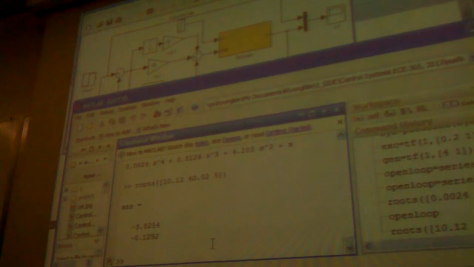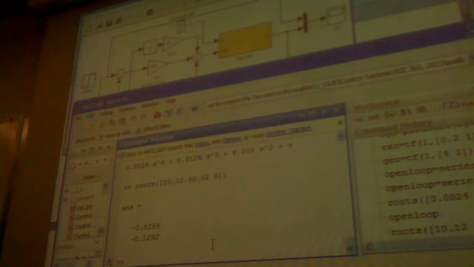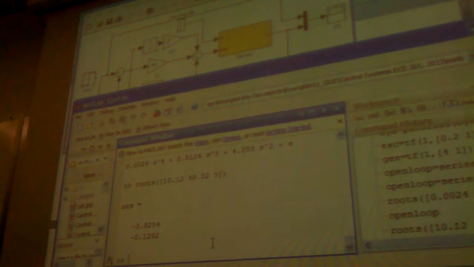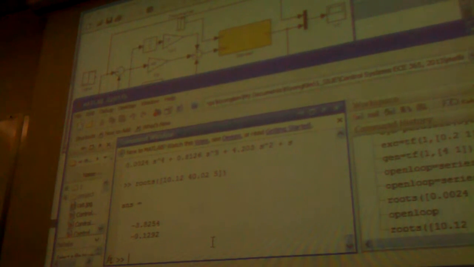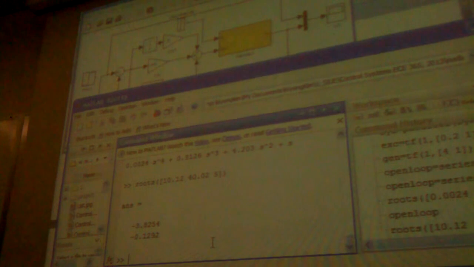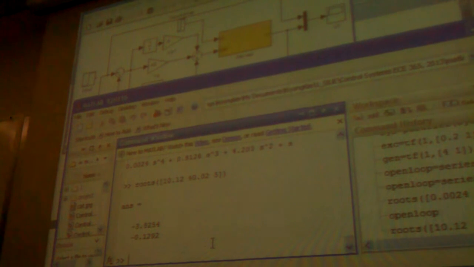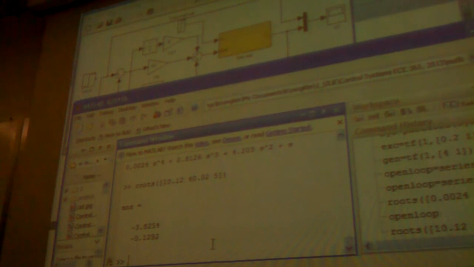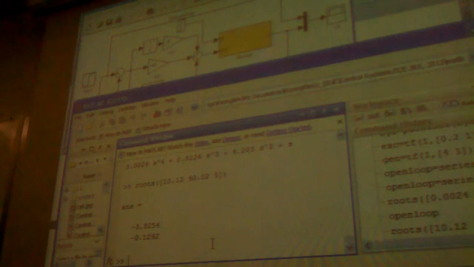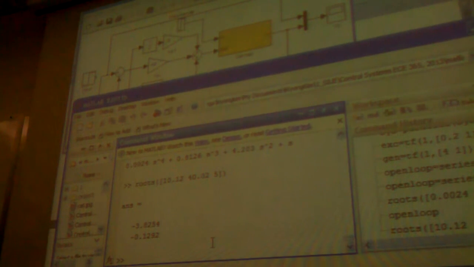So one of them is here, and the other one is 3.2, so it will be here. So this is a zero. I call this the PID zero. Okay? So you find poles and zeros.